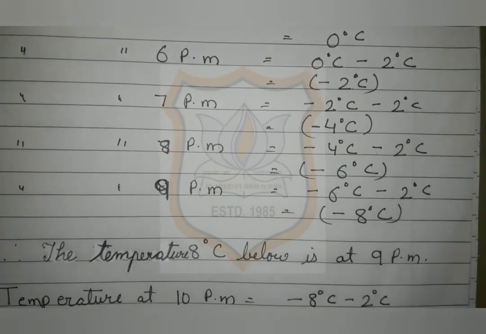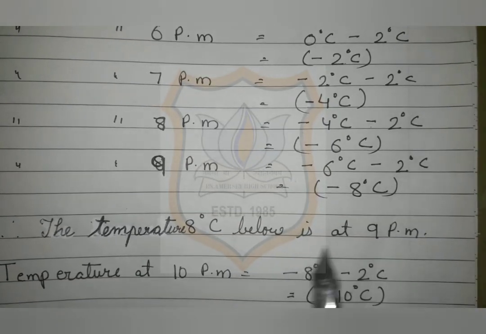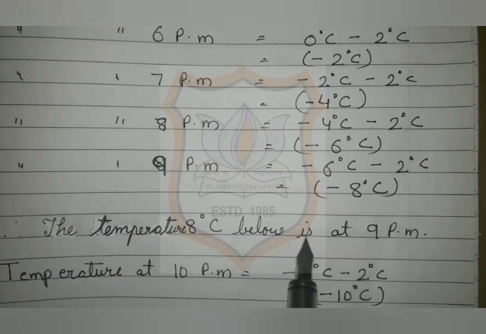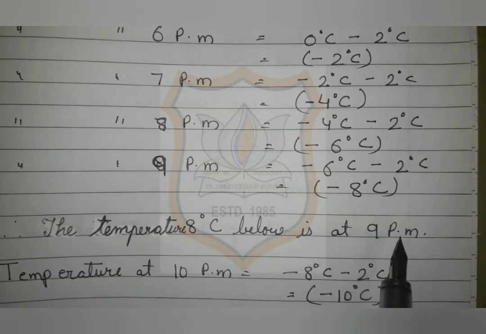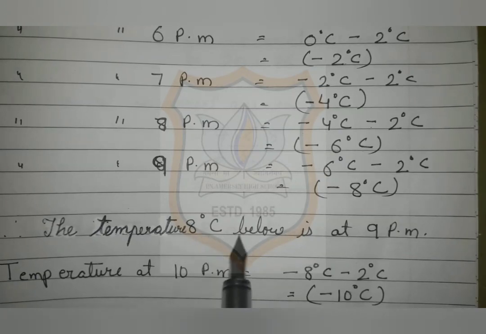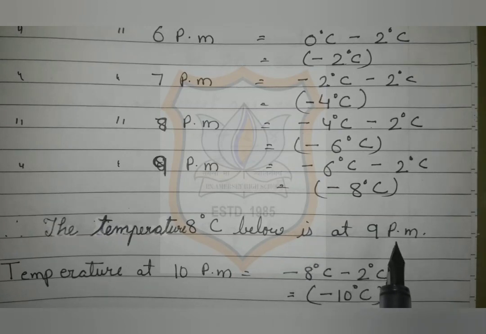Now students, we have calculated the time at which the temperature is minus 8 degrees Celsius. So 8 degrees Celsius below 0, that is minus 8 degrees Celsius, is at 9 p.m. This is the answer.